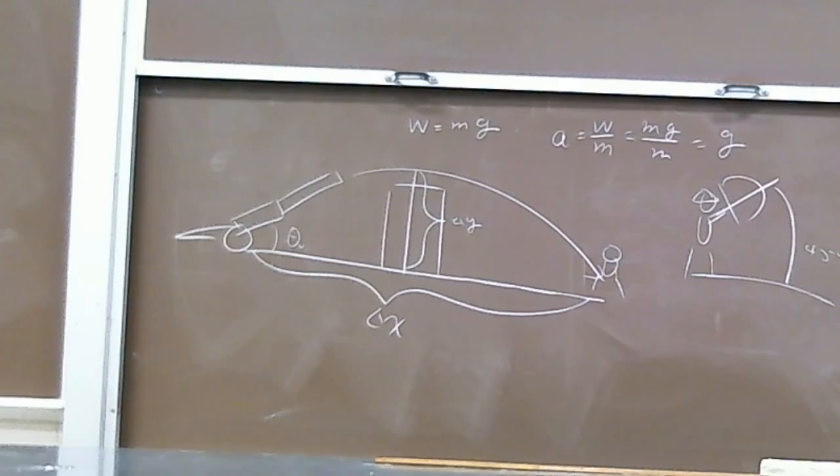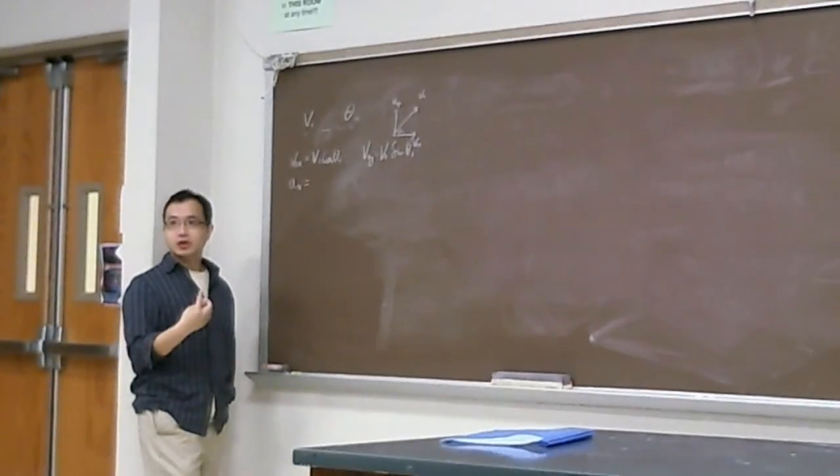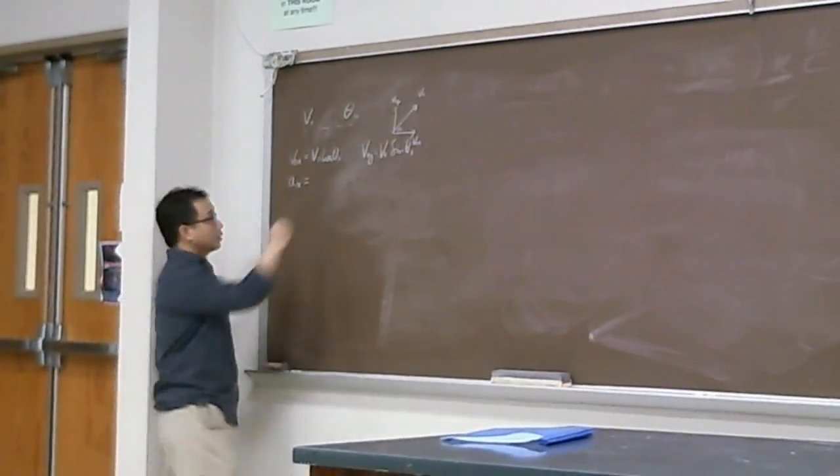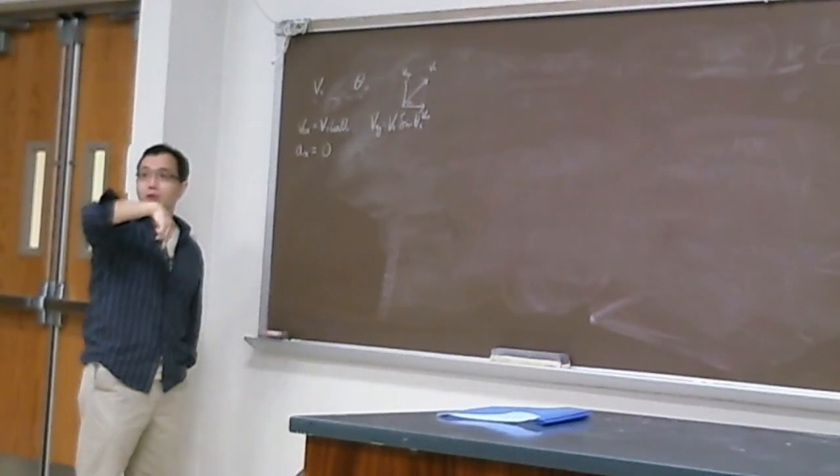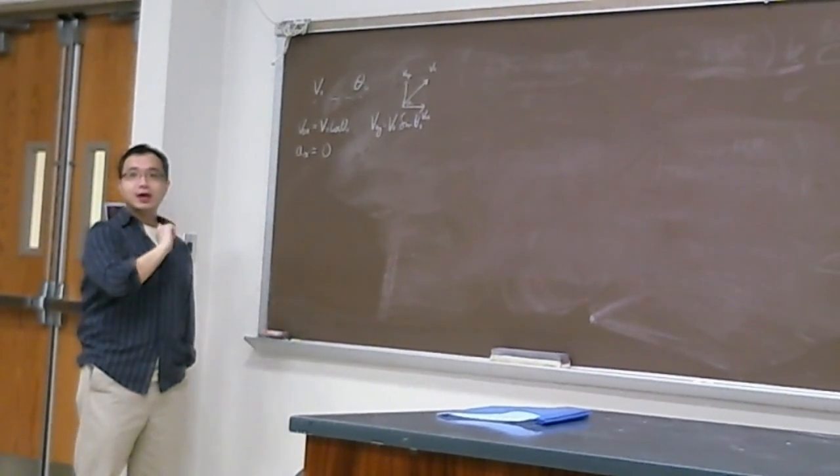So if the acceleration is downward 9.8, what is the acceleration along the x direction? 0, because the acceleration is downward, there is no x component.